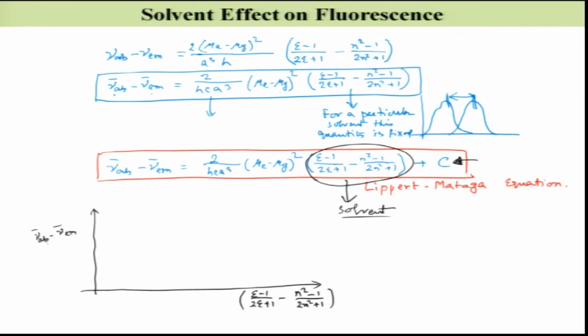If I plot nu absorption minus emission for different solvents, so this is solvent 1, solvent 2, solvent 3, solvent 4, 5, 6 like that, right, what will I get?